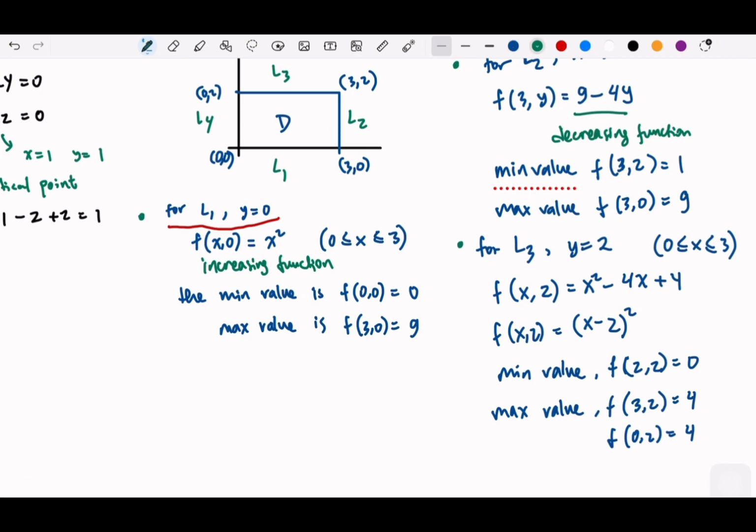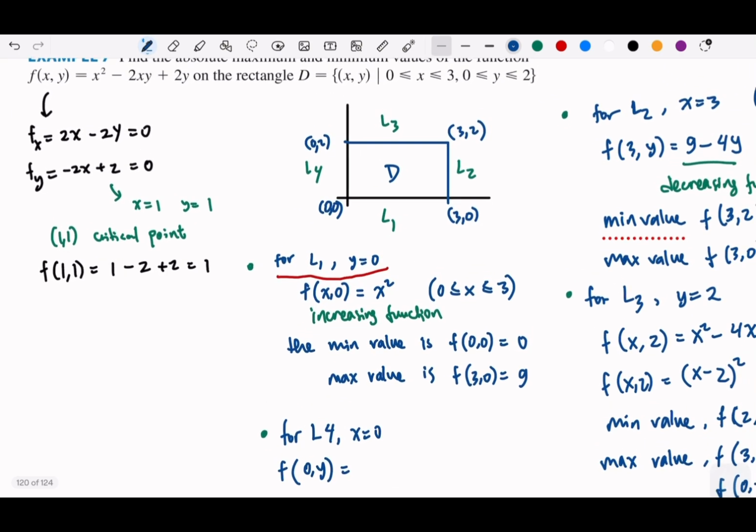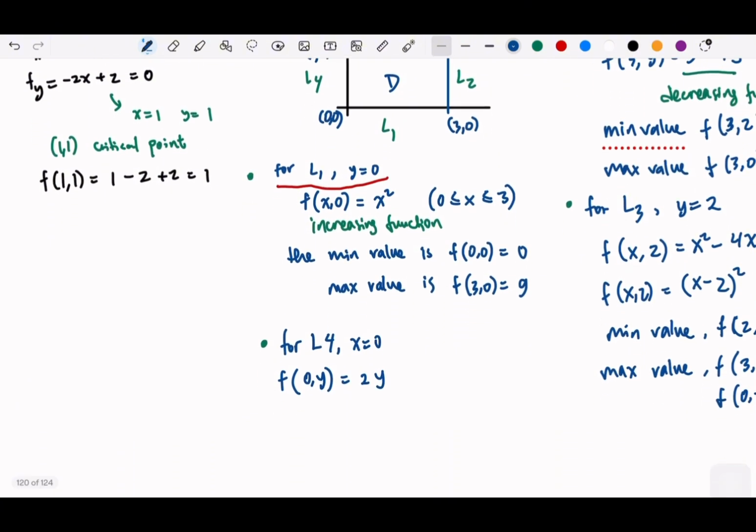And lastly, we have L4, which is x equals 0. So we only have y, so 2y, with y from 0 to 2.